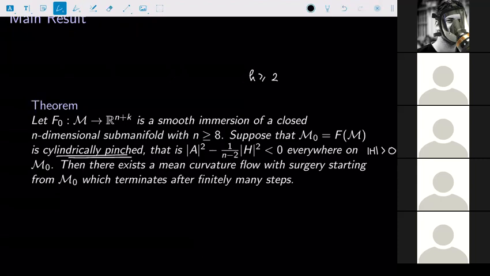And then the result says that we can actually run the mean curvature flow with surgery, which will have to be defined later, starting from M0, which terminates after finitely many steps.